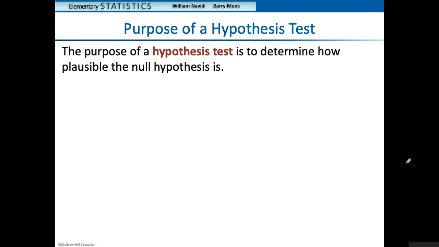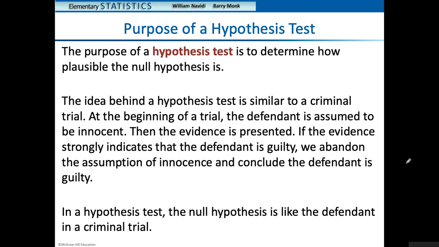Okay, so the purpose of a hypothesis test is to determine how plausible the null hypothesis is. So really, the big focus is on the null hypothesis and exploring the plausibility of that hypothesis. A good analogy would be to compare a hypothesis test to a criminal trial.